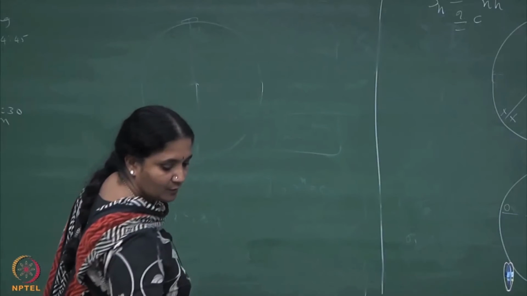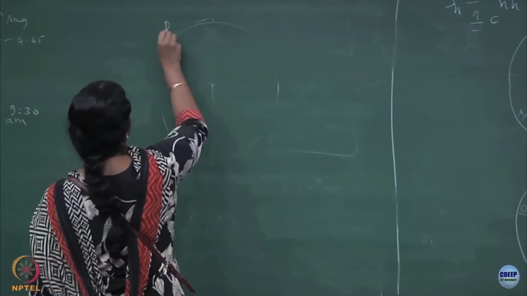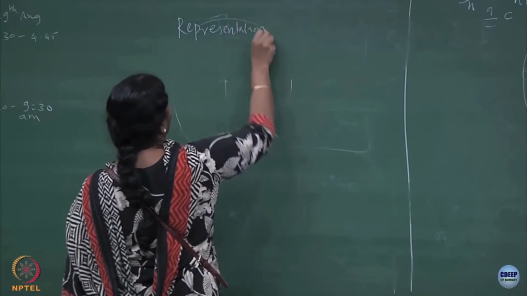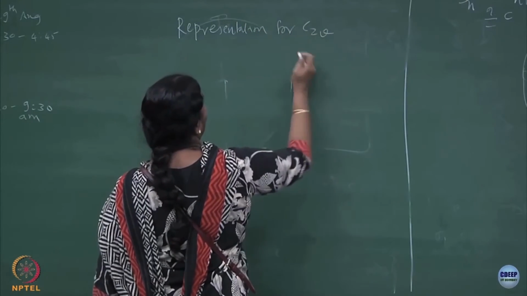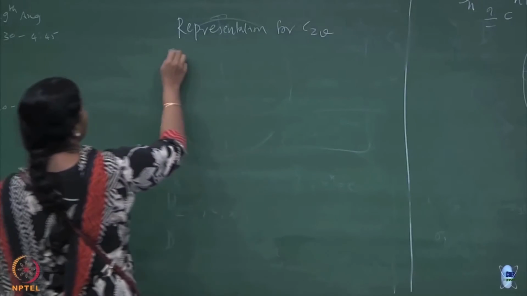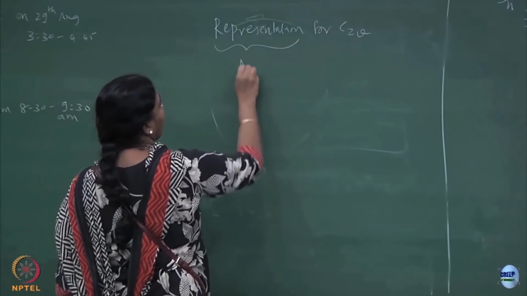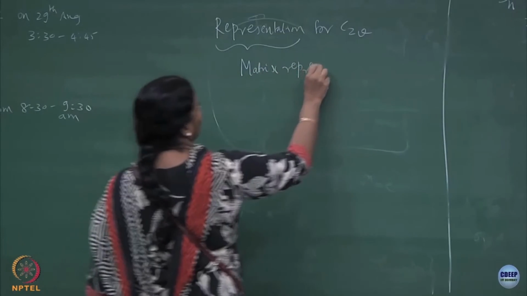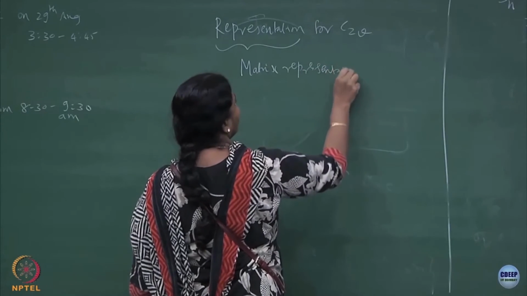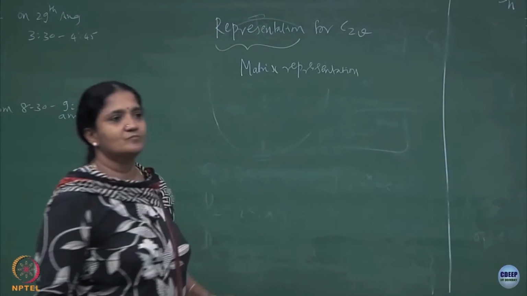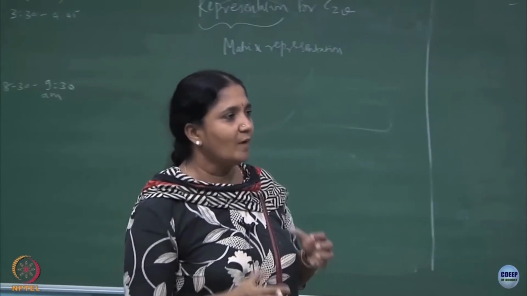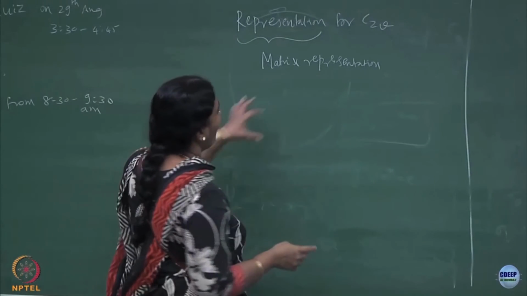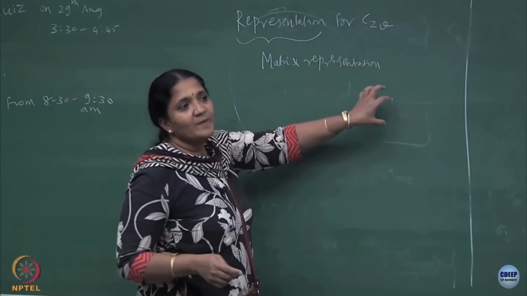So, we give a representation, especially the representation which we are going to look at is the matrix representation, because one is that we can do the composition, the group operation, as multiplication, and you also know how you can operate it on vector spaces.